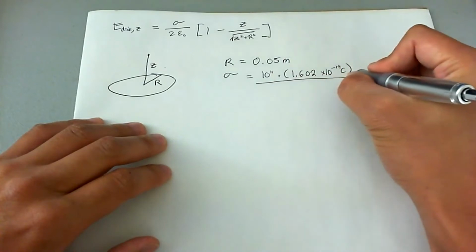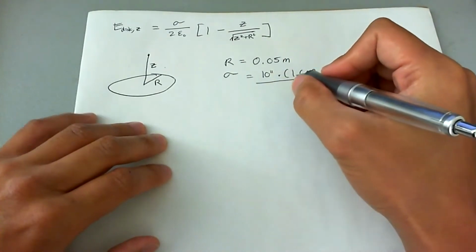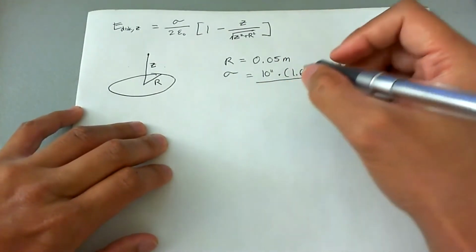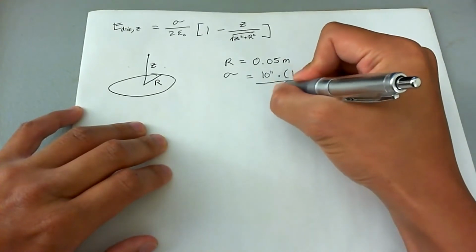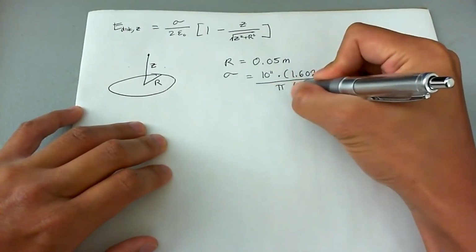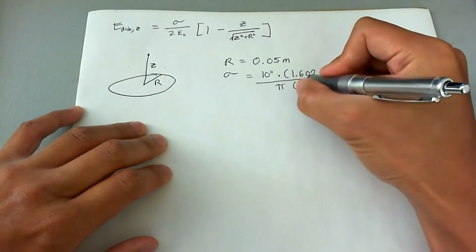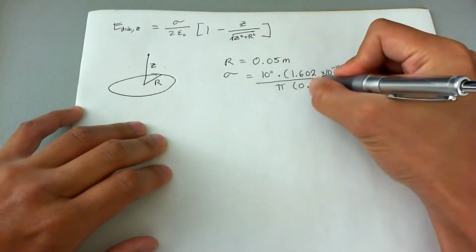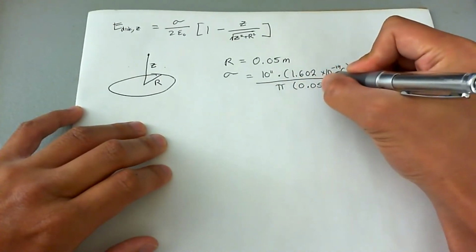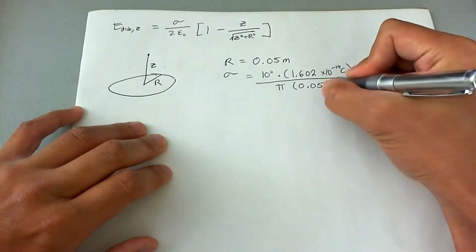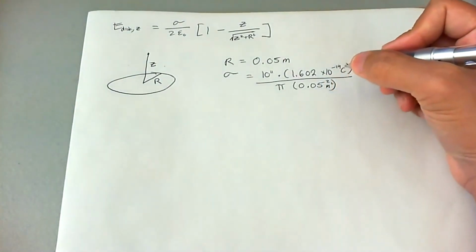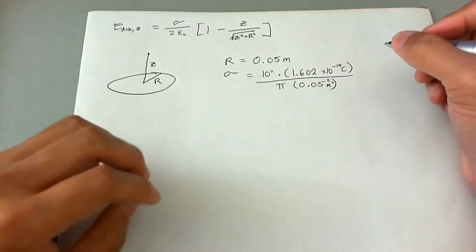Now you're going to divide it over by the area of the disk, assuming that the disk is infinitely flat. So it's going to be just pi r squared, which ends up being pi times 0.05 squared. And I'm going to go ahead and just put the meter squared as well, so we have the units.